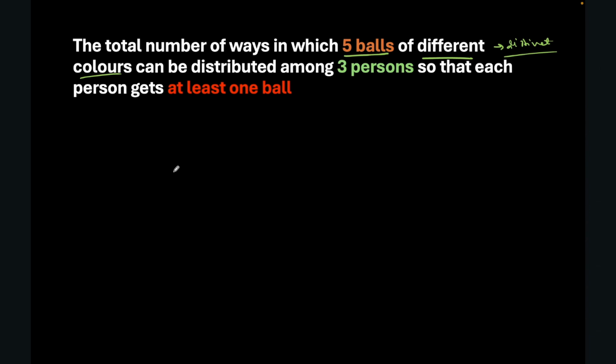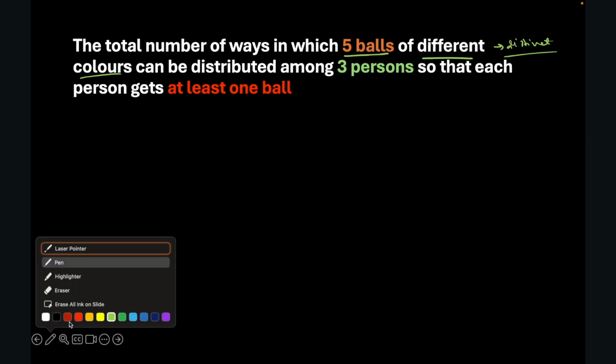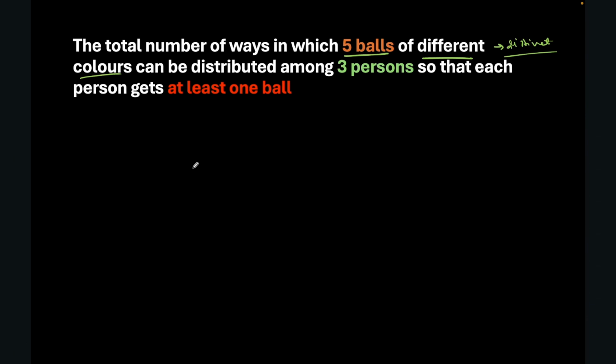Okay, so this question is almost identical to what we previously did with the books, so I don't think it should be much of an issue. So we have 5 balls, at least 1 ball each. What are the situations we can have? Let's start with the bare minimum: 1, 1, and 3.